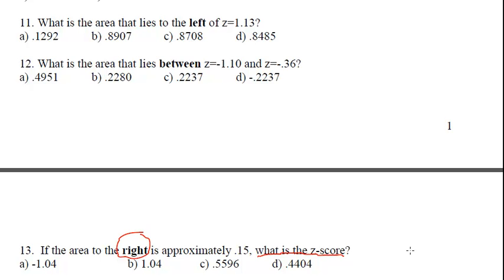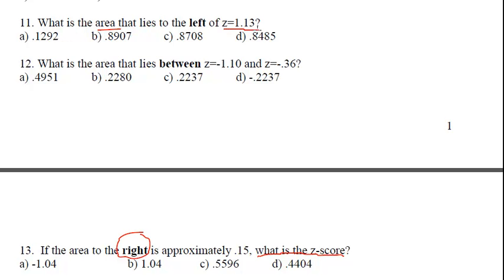Okay, so we're going to pick up on page 2 of the sample exam test 1A. In the previous video we left off on problems 11 and 12, and now we're going to continue with the normal distribution, except we're going to do a different type of problem. For problems 11 and 12, we were given a z-score and asked for the area.